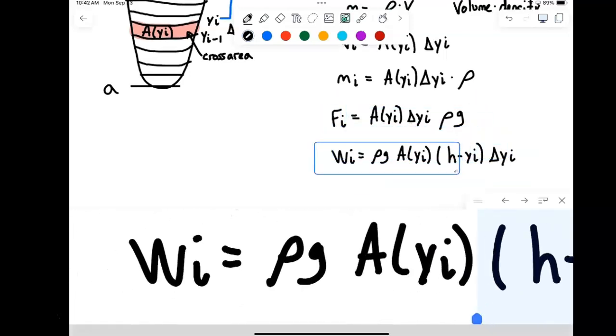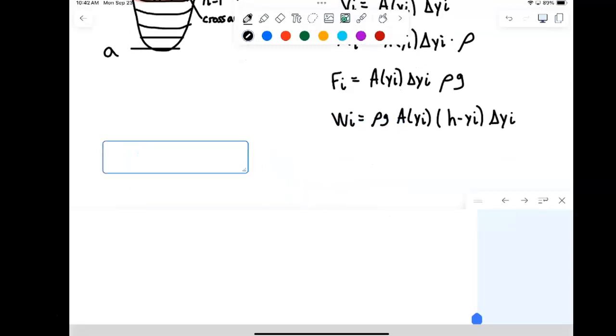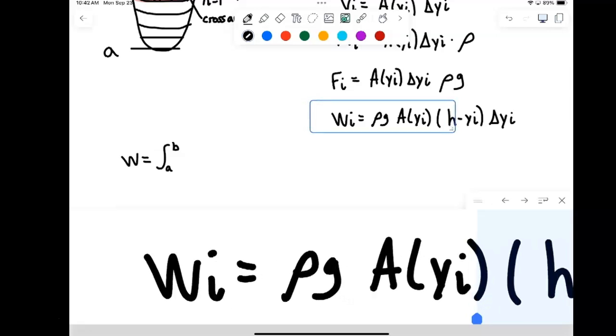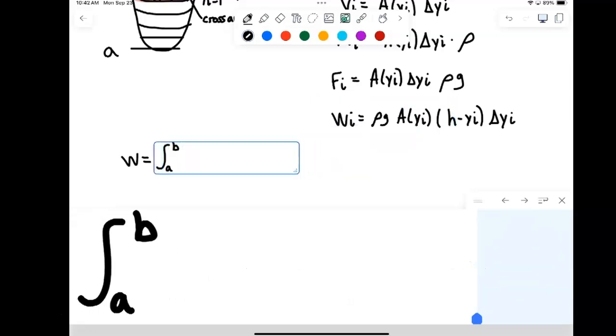So that now we can integrate and get the work done of lifting this fluid out of the container. It'll be the integral between your limits, because we would add all of them up, take the limit, and it would transform to an integral.